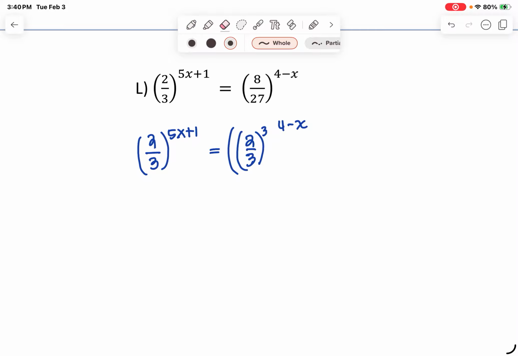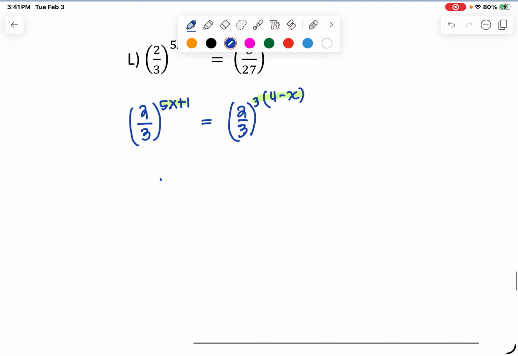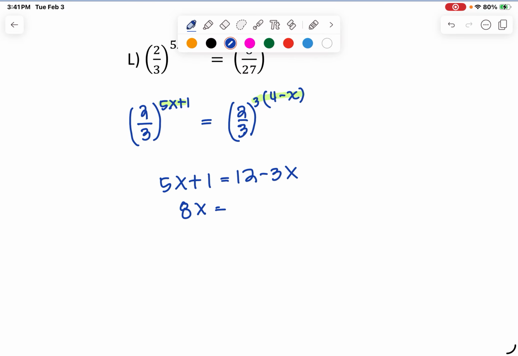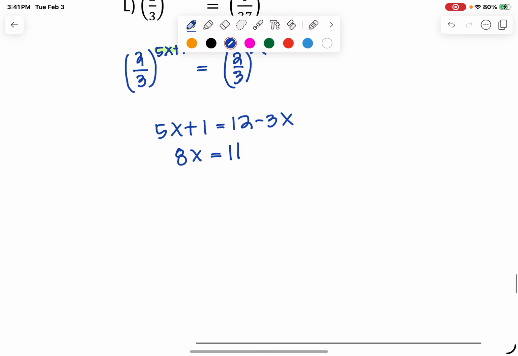So once again, I'm just going to go like that. And now you have a power to a power, set your exponents equal to each other. 5x plus 1 is equal to 12 minus 3x. Add 3x to both sides, that's 8x. Subtract 1, that's 11. Divide by 8. x equals 11/8. Ooh, I do not like writing fractions like that.